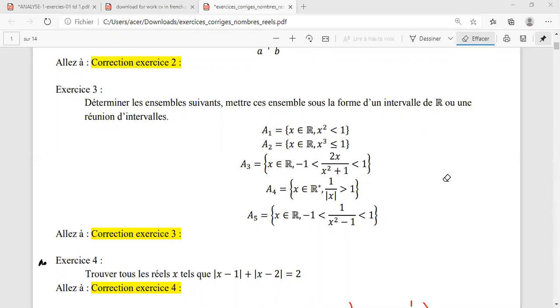Okay. We are waiting for the girls. While Ninde is solving A4, A5 is for the guys. So the guys can even continue solving for A5.